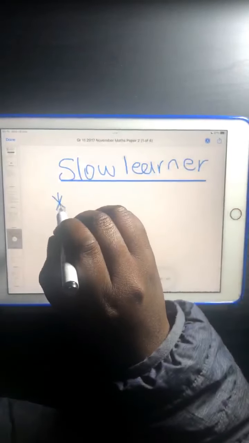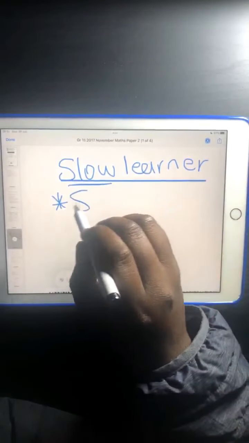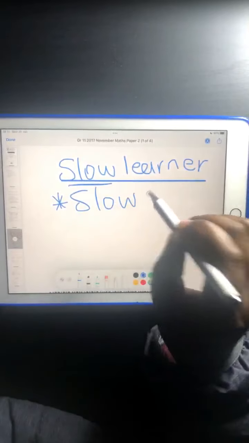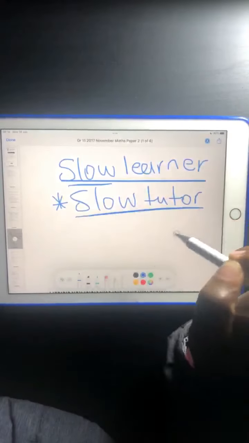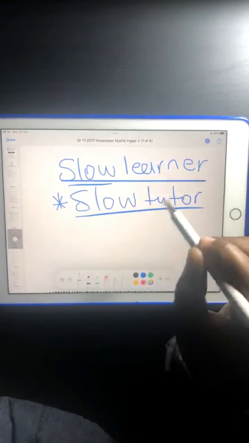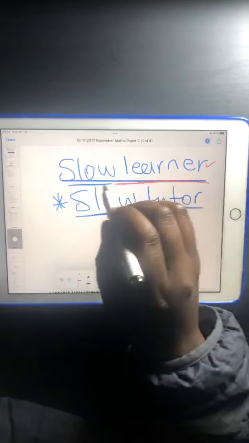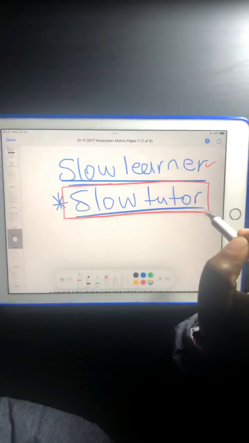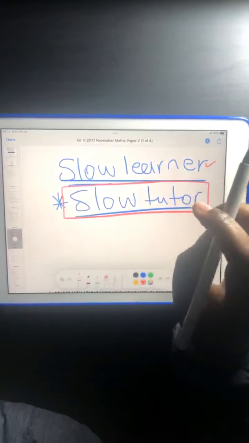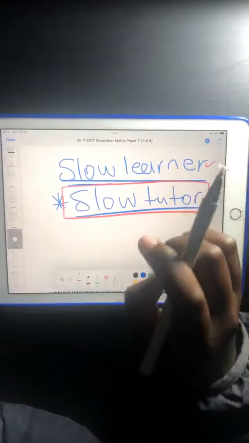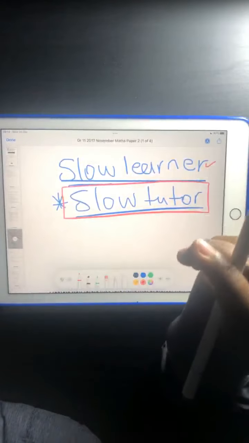It's either we have a slow learner, yes, and again we might have a slow tutor. So if you don't understand whatever I'm talking about, guys, it is not because you are a slow learner. It could be that I'm a bad tutor. So never make an assumption that the reason you are not understanding is because you are a slow learner. It could be your tutor, your teacher, your mentor, whoever.